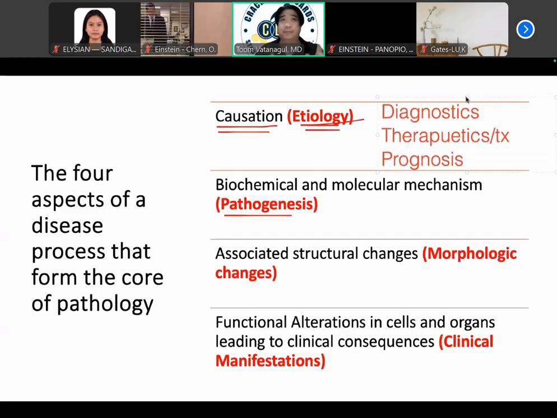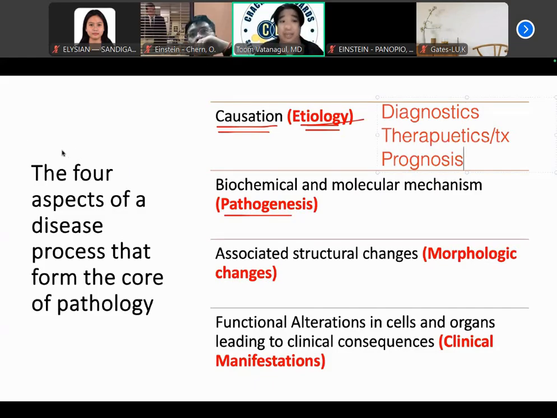Okay, now, when you take the actual boards, there's an overlap. That is why our approach will be, when we study pathology, we will already insert the internal medicine so that you know a disease from its etiology, pathogenesis, morphology, clinical manifestations, diagnostics, therapeutics, and prognosis.